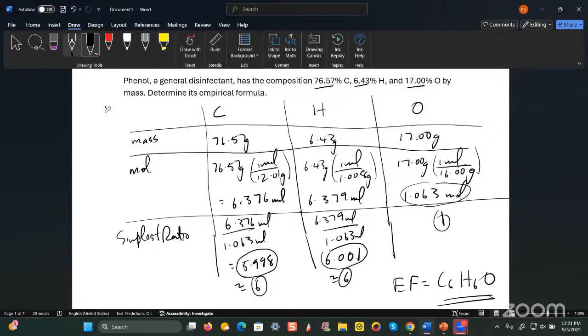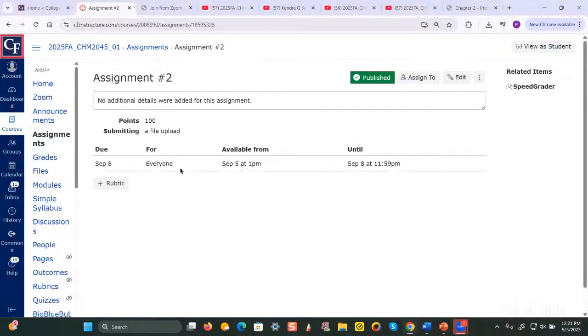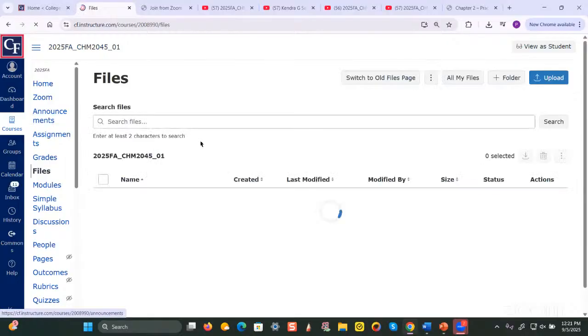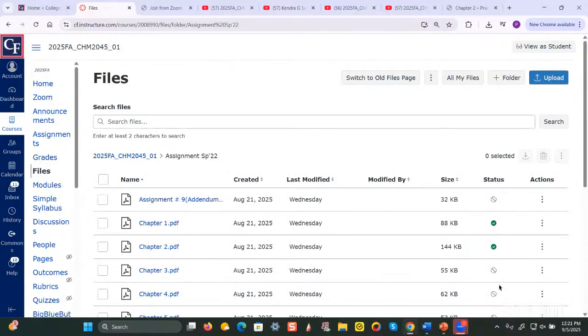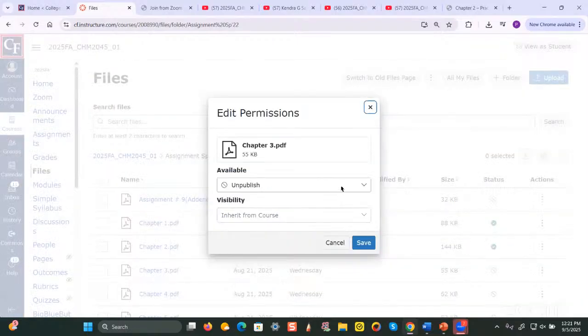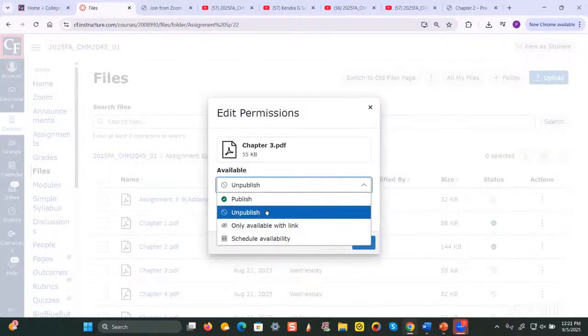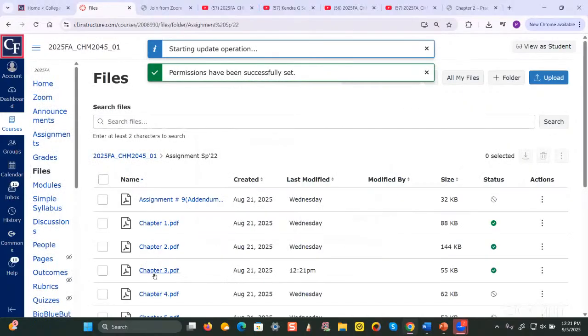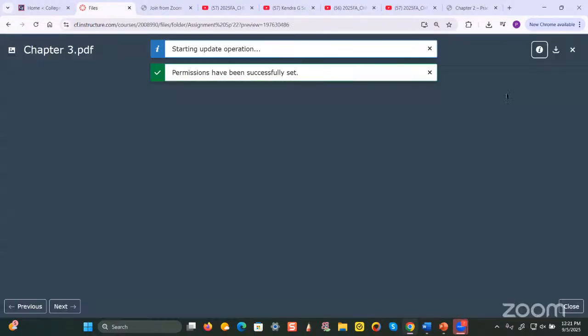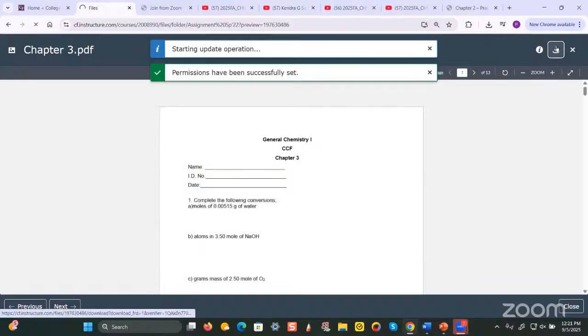Now, based on what we have covered here, let me go to the files, and then assignments. So I'm going to publish assignment number 3 right now, so you can get started on that. And let me tell you up to what questions you can attempt in assignment number 3.